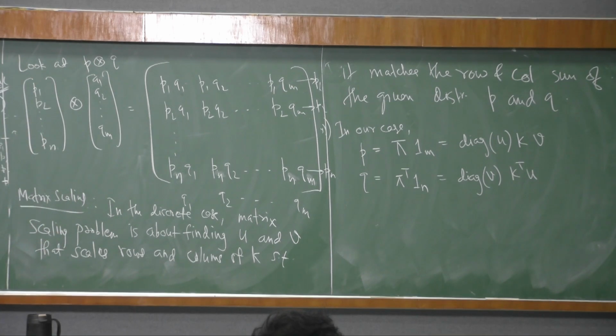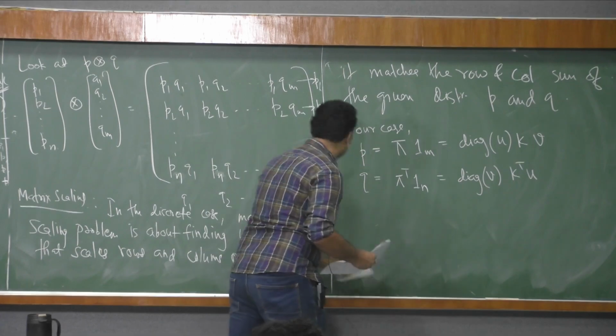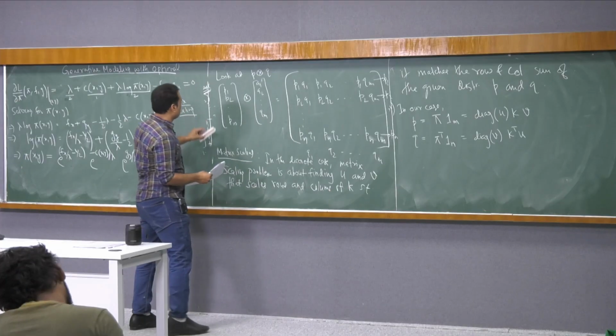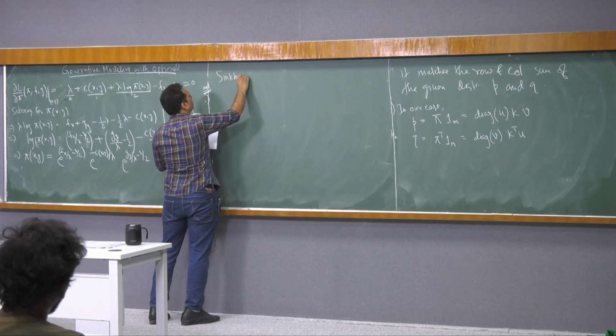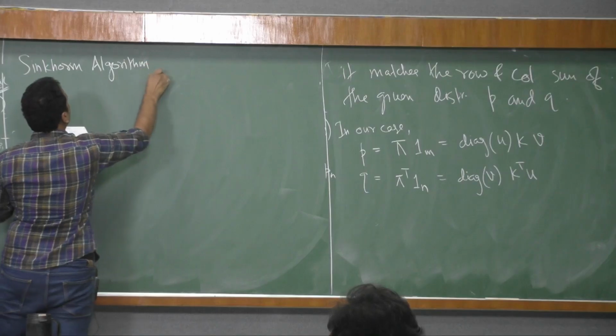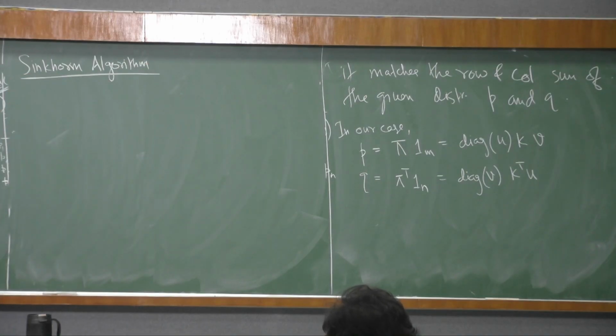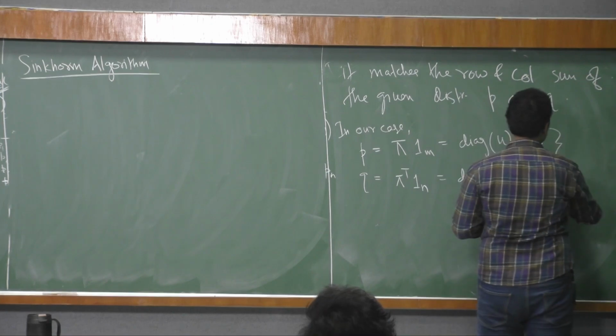So the Sinkhorn idea is now basically one line. Although it's one line, we can still write it here. It gives approximate solutions to this, guys. Let us say this is our star.